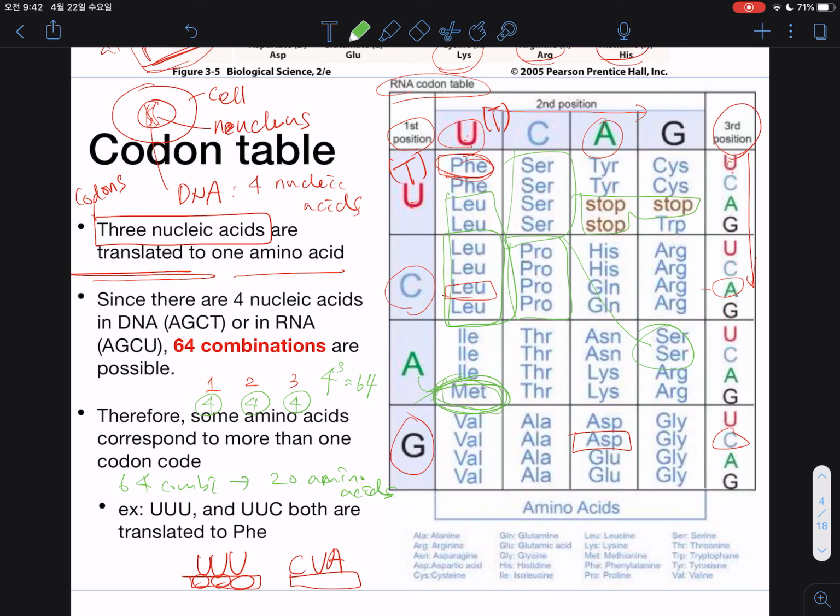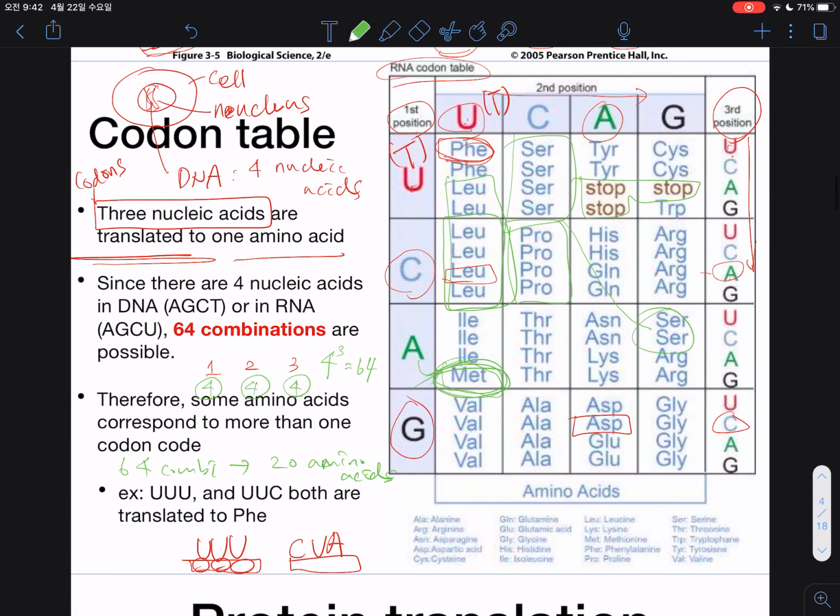Why are they so different? It is still not fully understood, and it is one thing we should understand in the future. But the fact we know now is that some codons are translated to the same amino acid, but some codons are translated to only one amino acid.